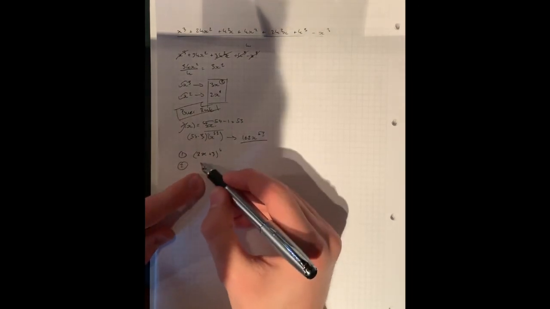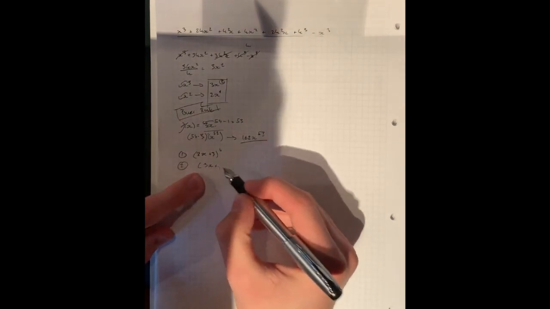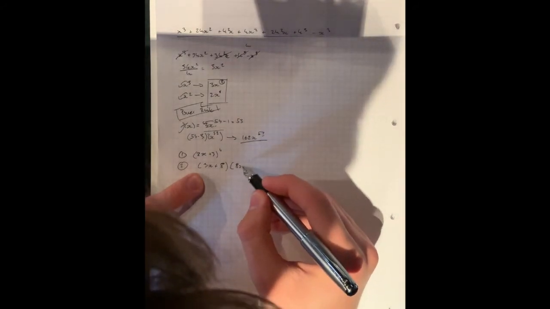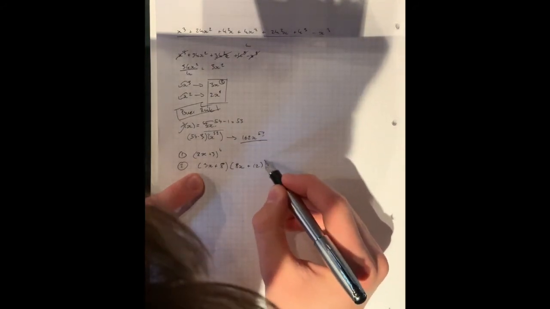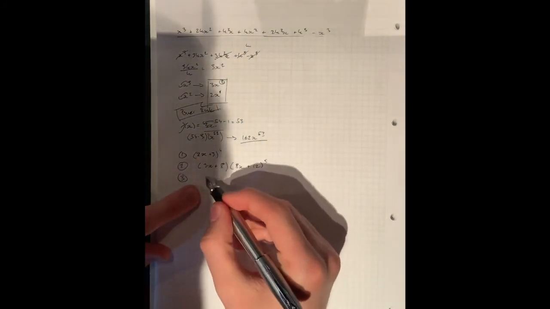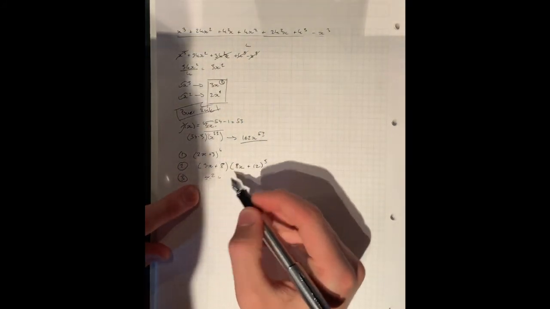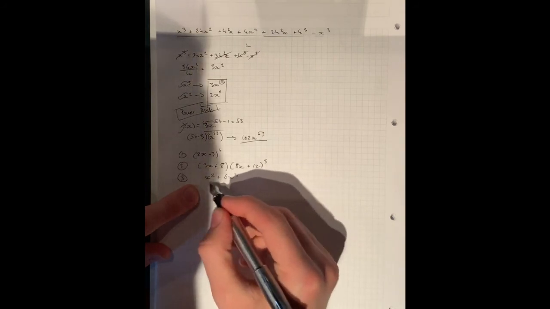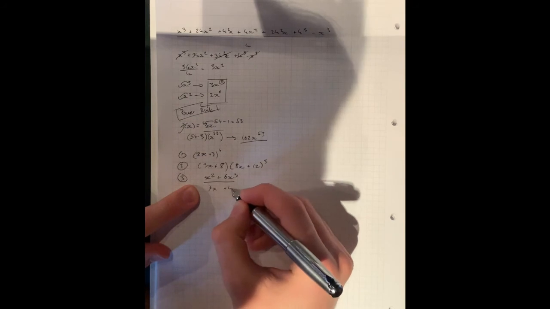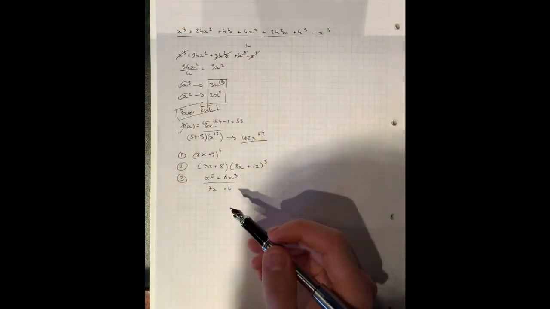Or (3x + 8) times (8x + 12) to the power of 3. How do you differentiate that? Or something like this: x squared plus 6x cubed, divided by 7x plus 4. How do you differentiate something like that?